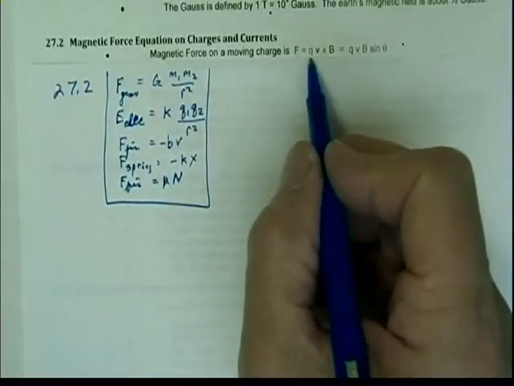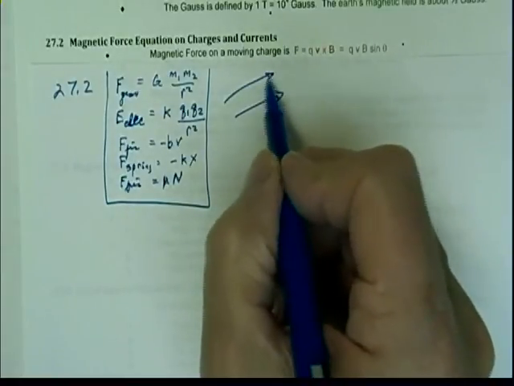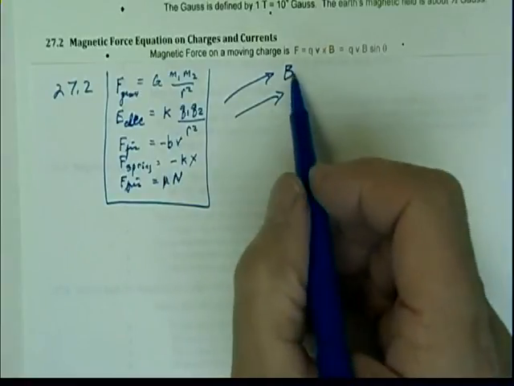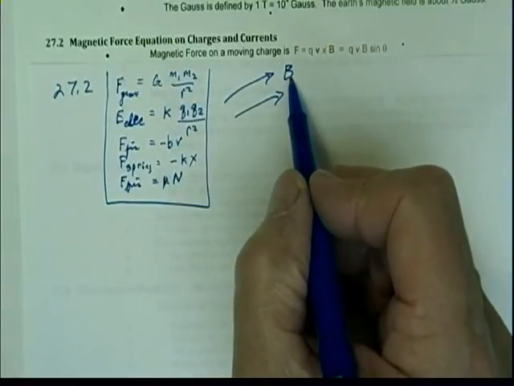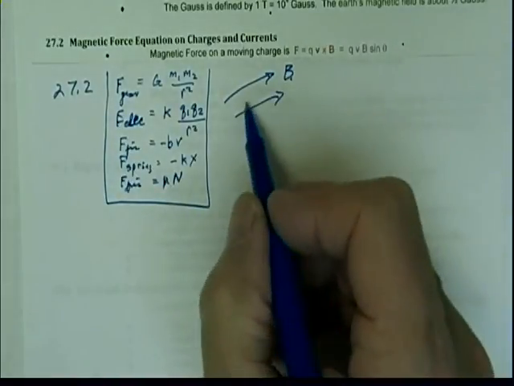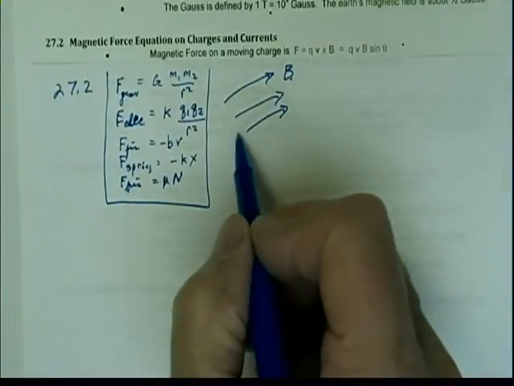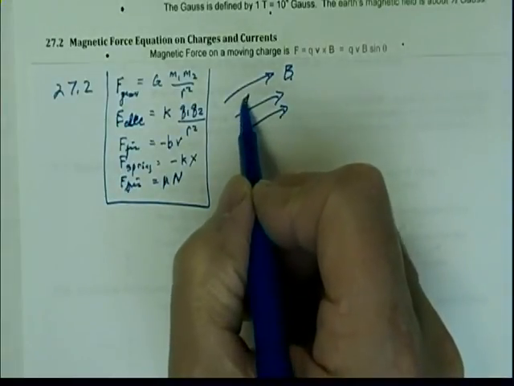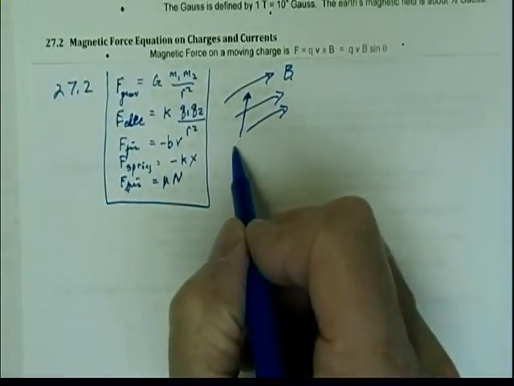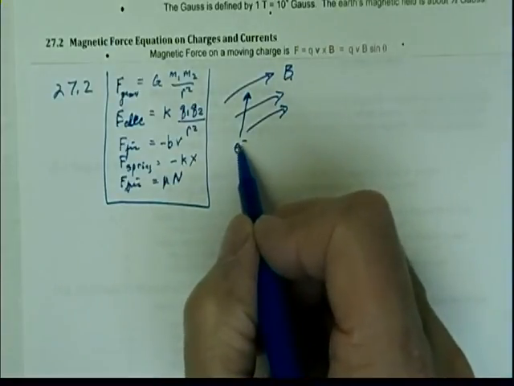Well, the force that we have magnetically is if we have a magnetic field, and we often use the symbol capital B for the magnetic field like we use capital E for the electric field. And if this is a magnetic field that's going along here, if we have a charge that moves along here, like an electron, might be a negative charge, or we could have a positive charge.